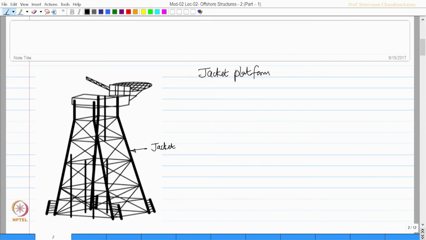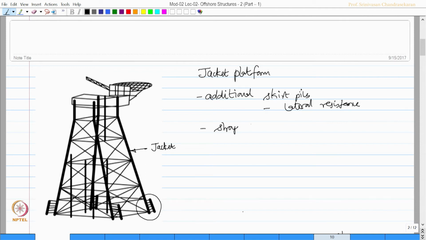This is supported by additional skirt piles to enhance lateral resistance. So, they need a strong pile foundation.